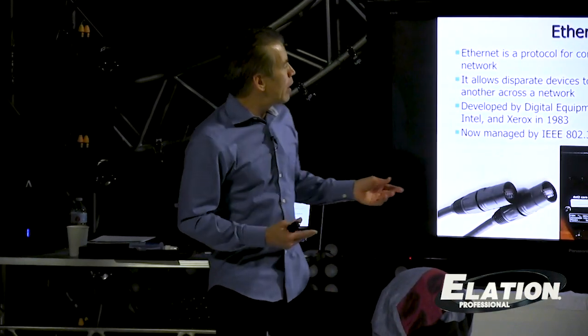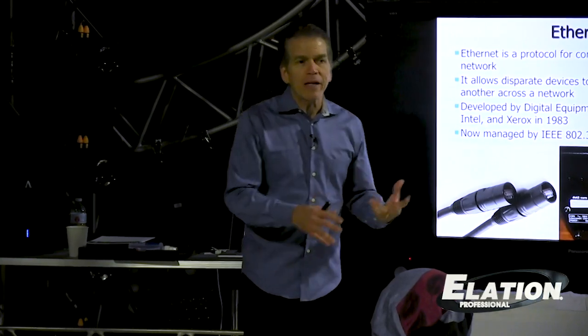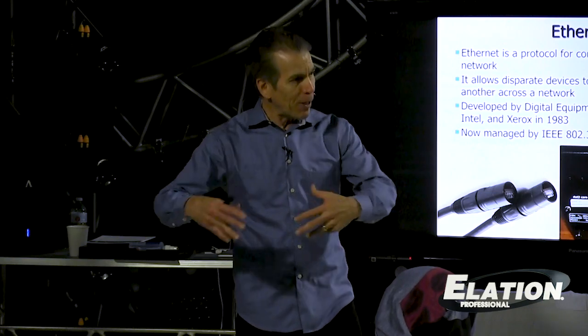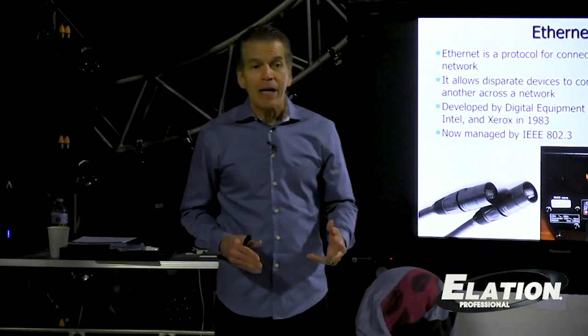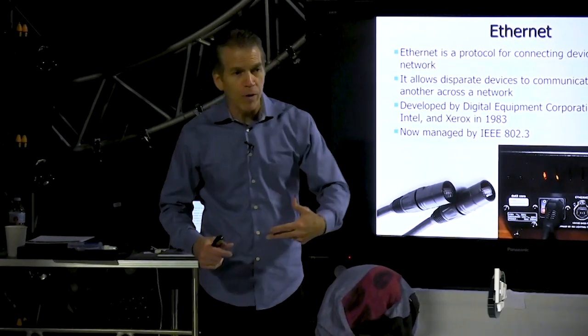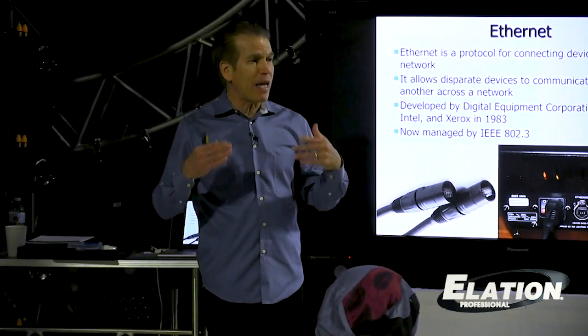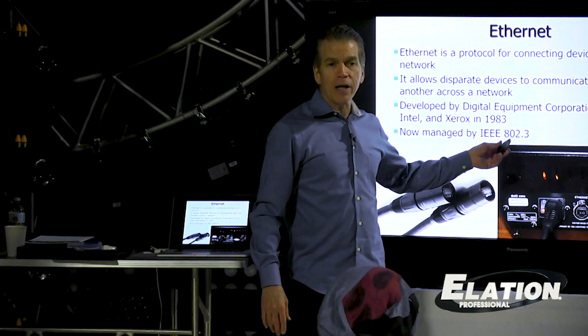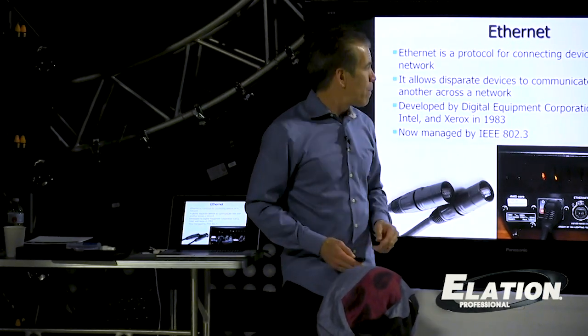But later on, Ethernet became the de facto standard. Everybody gravitated towards Ethernet. And then eventually the Institute of Electrical and Electronic Engineers took it over and formalized it and made it a computer industry standard protocol. Technically it's called IEEE 802.3.